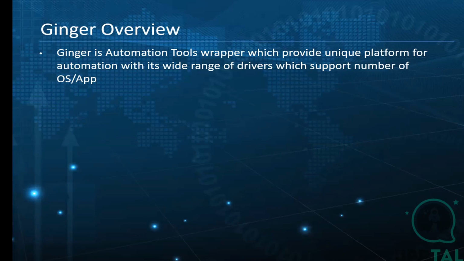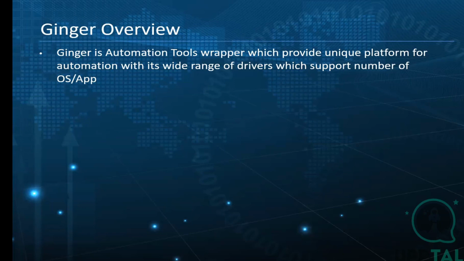Each tool uses its own libraries, but in Ginger what we have is a set of automation tools wrapped by a complete new blanket, inside which we have the different libraries. We collated all the different tools present in the market, using their libraries inside a single wrapper, and created Ginger.